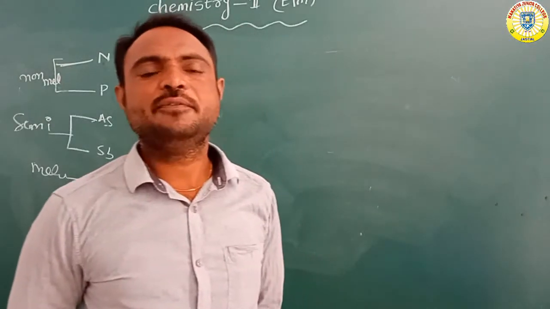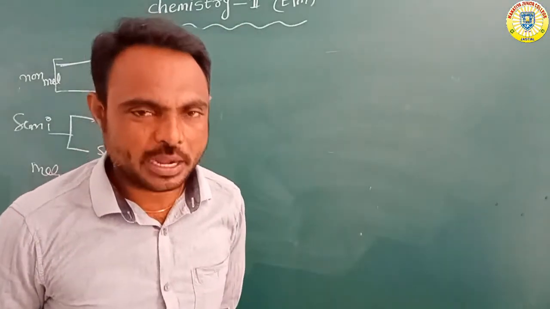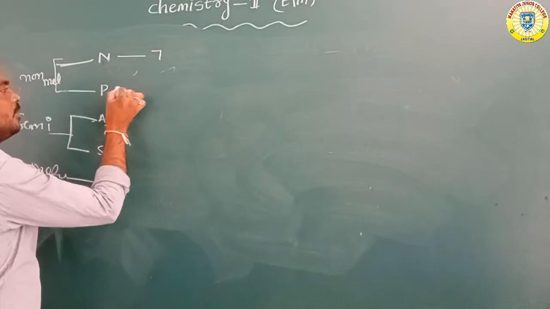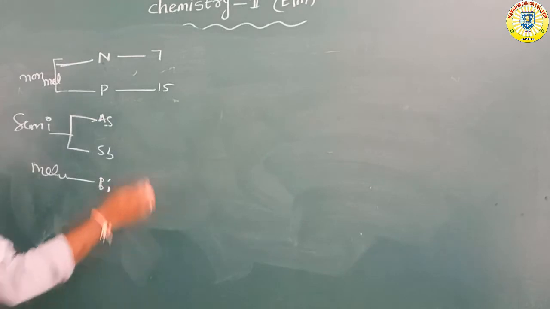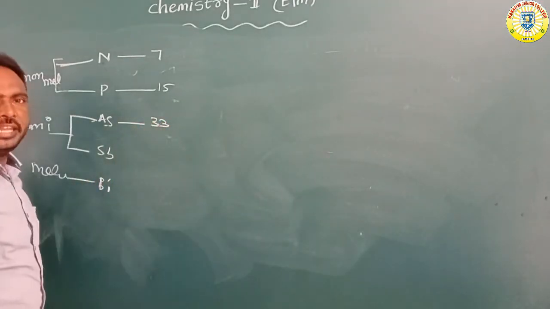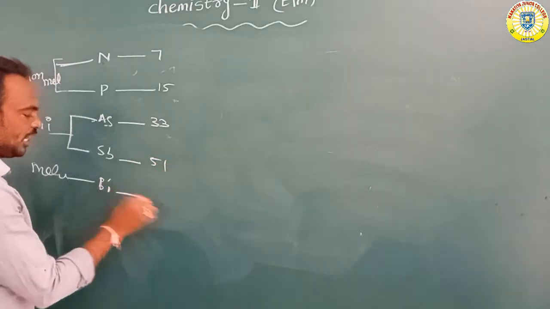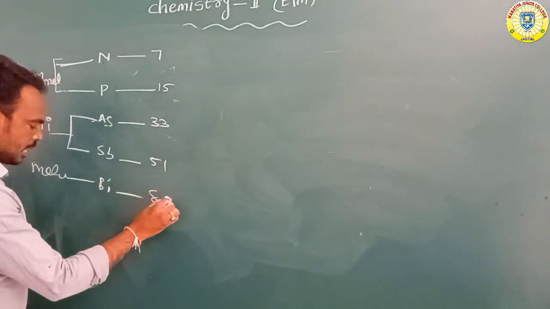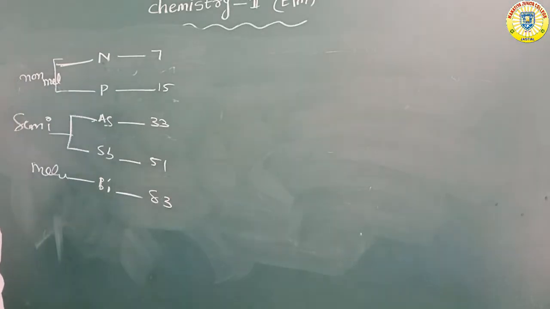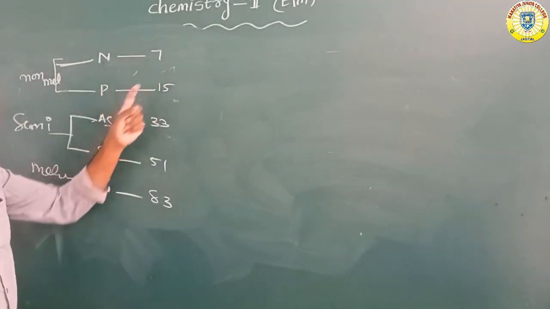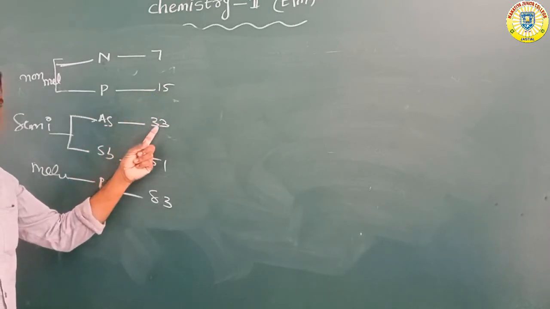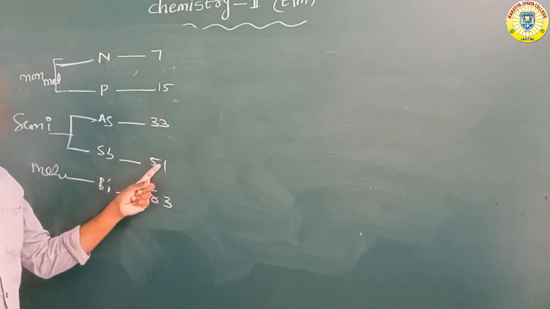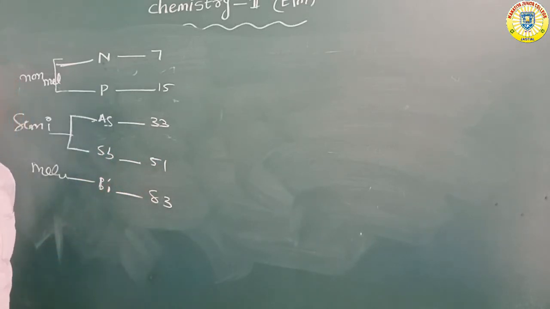What is the electronic configuration of fifth A group elements? What are the atomic numbers? Nitrogen is 7, phosphorus 15, arsenic 33, antimony 51, and bismuth 83.